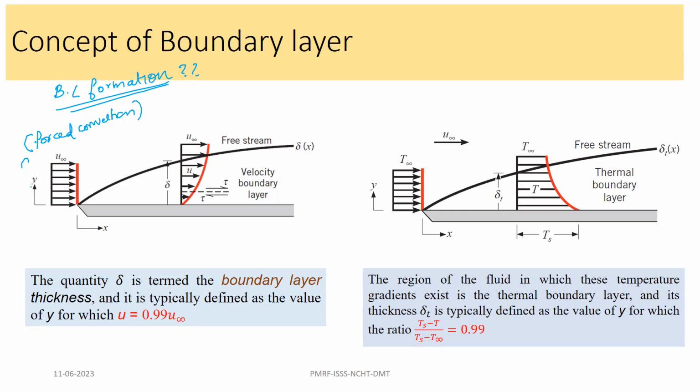Suppose some fan is here, supplying velocity u infinity, which is called the free stream velocity. When it blows over a plate, the fluid layers immediately in contact with the surface come to rest. So the velocity is 0 here. This is also called the no slip condition.